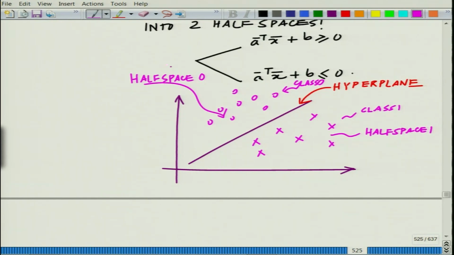We design a hyperplane that partitions the data into two different half spaces. That is essentially the idea behind a support vector machine: to design a hyperplane that optimally partitions the data into two different half spaces, and we are going to look more at how to do that.